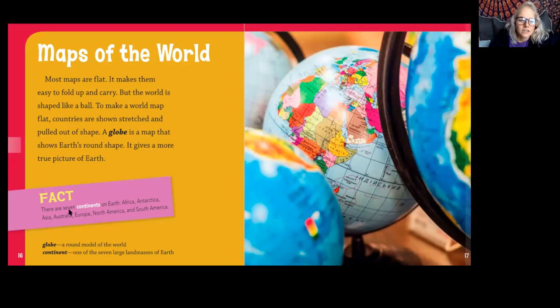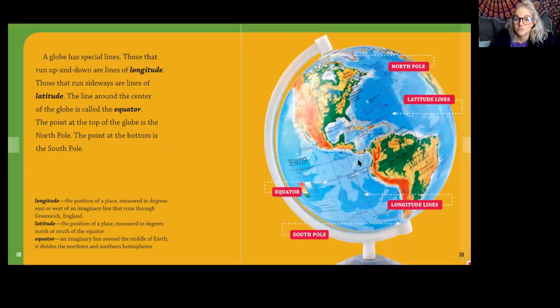Okay, and then it says there are 7 continents on Earth: Africa, Antarctica, Asia, Australia, Europe, North America, and South America. Now we're going to be kind of shifting our attention to globes. A globe has special lines. Those that run up and down are called lines of longitude. So the way that I remember this is if I think about my body up and down, it's long, right?